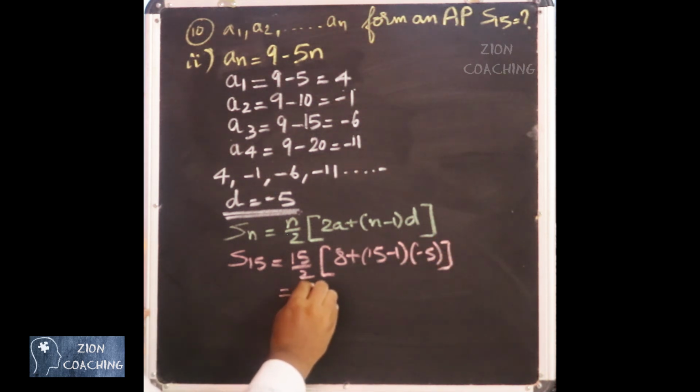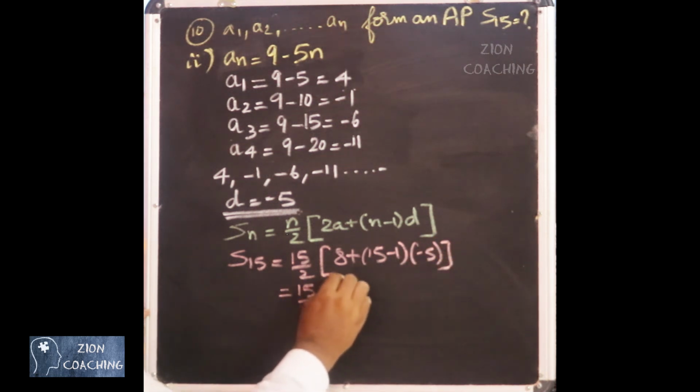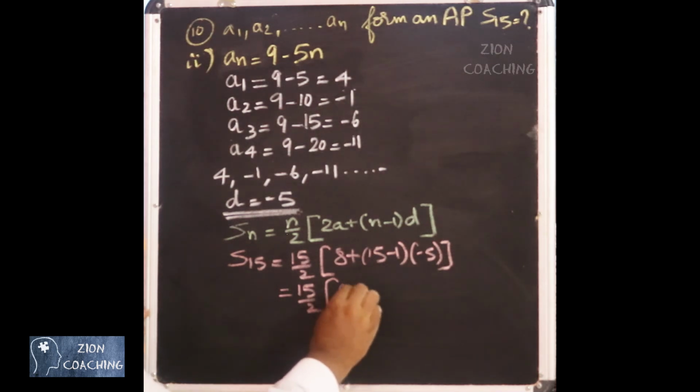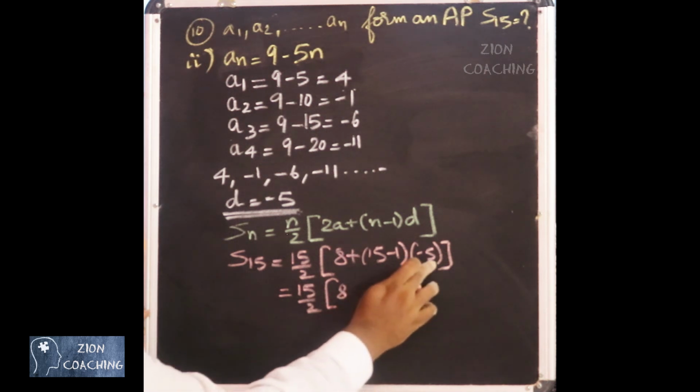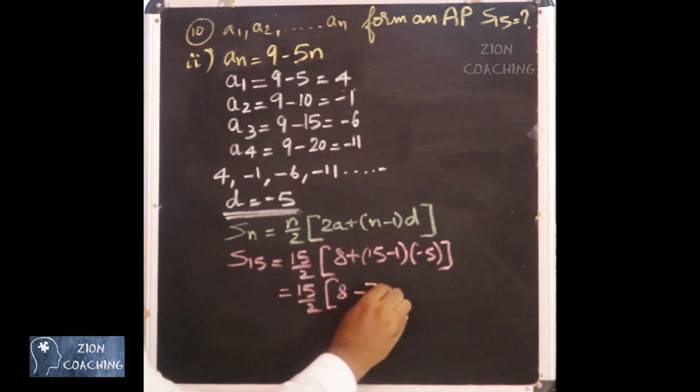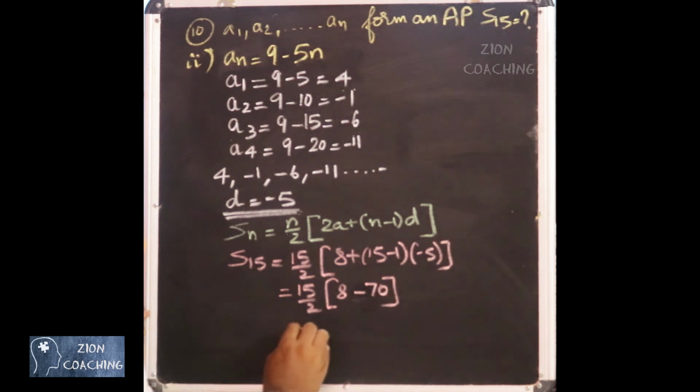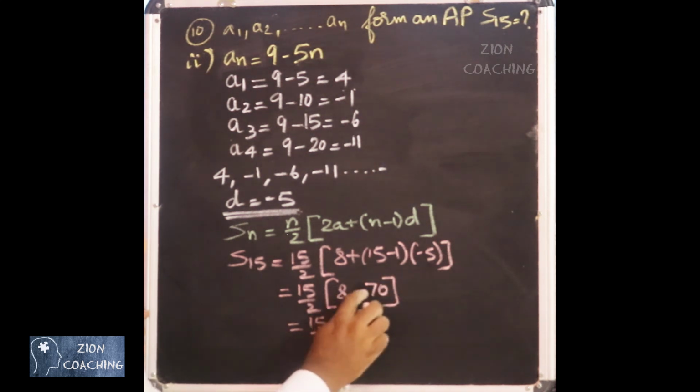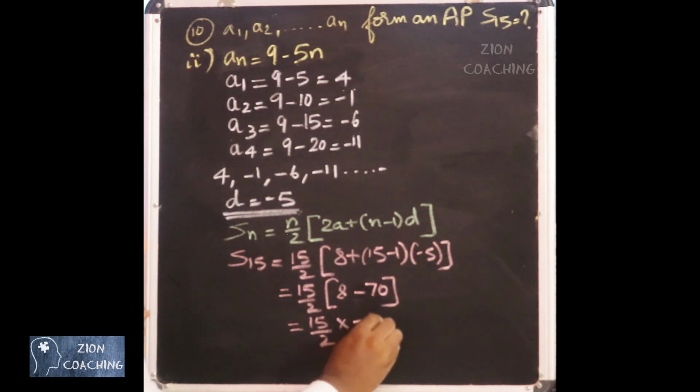So it is going to be 15 by 2 into 8 plus 14 into minus 5, which is 70. So we are going to have minus 70 since we are multiplying by minus 5. Next step is 15 by 2 into 8 minus 70 is going to be minus 62.